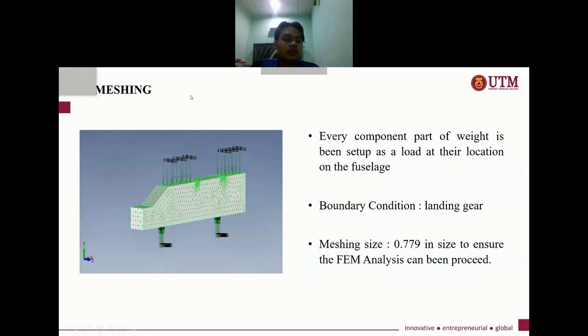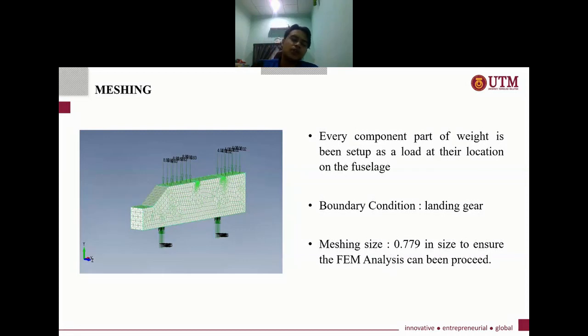So we move on to the first step of the structural analysis. First, we need to mesh our component, which is the fuselage.